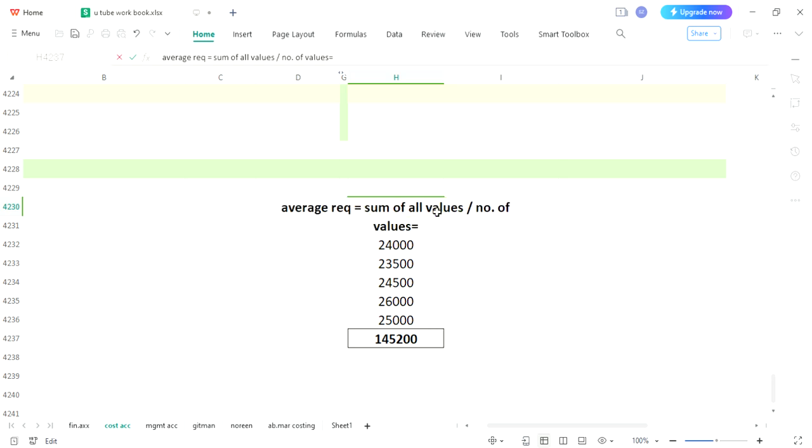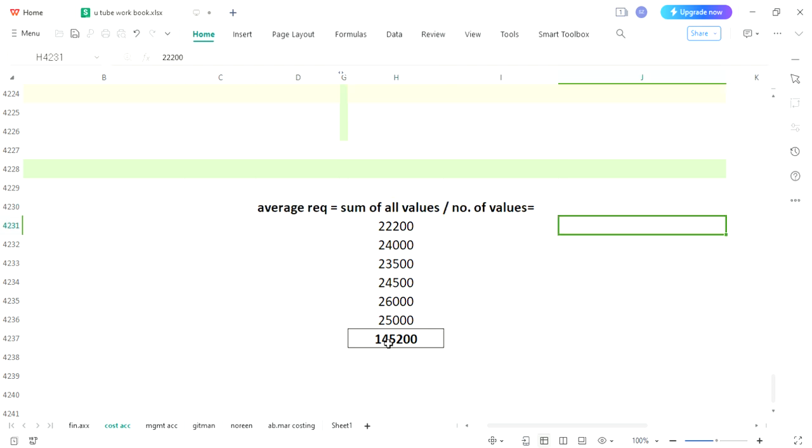The total is 145,200, and it would be divided by the number of items, 6. So 145,200 divided by 6 gives 24,200, which is our average requirement.